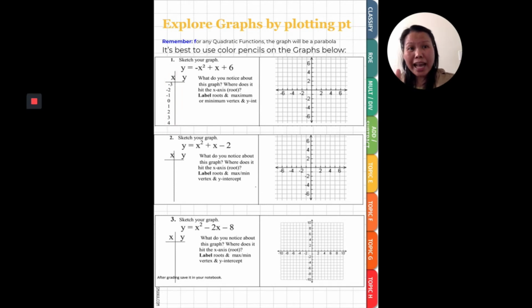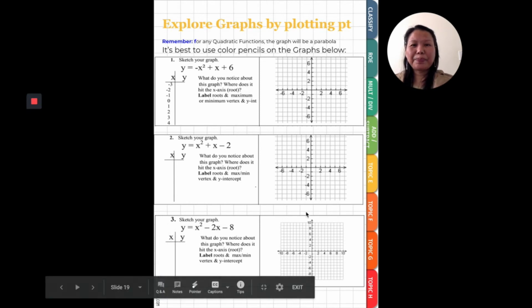Just write in the x, substitute the x into the function for y, and find out what the y would be when you square the x plus the x and then -2. Now find what the y is going to be. Plug it in. Get x squared minus 2 times x minus 8 and plot your points. It's that easy.